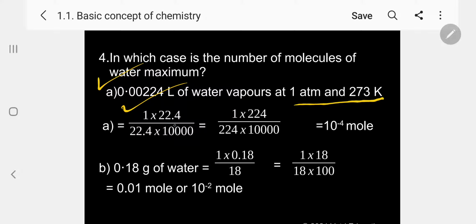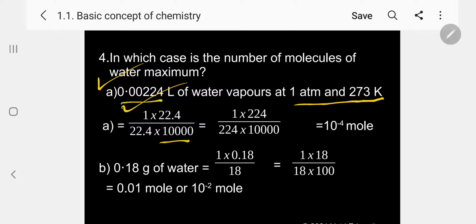1 into 22.4 divided by 22.4 into 10,000. What is the meaning of this? This liter I am dividing by 10,000, 4 decimal places. So automatically 22.4 is coming.